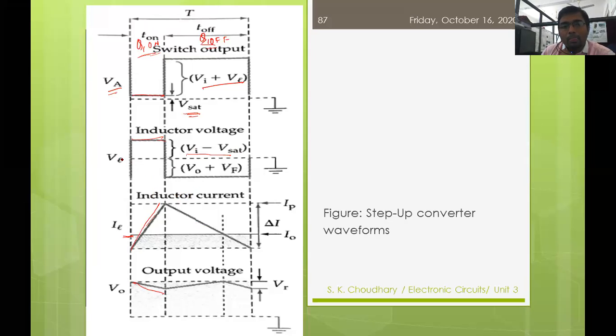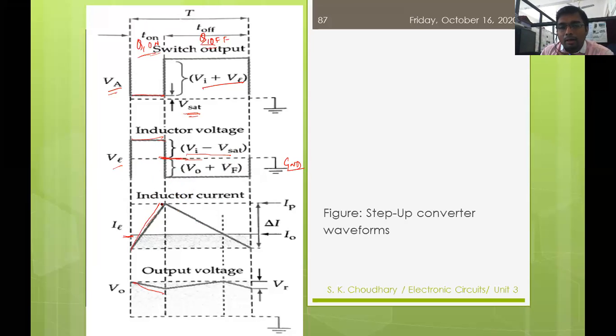Now you can see here VL is decreased and it goes negative because the polarity of the inductor is changed. That's why it is V0 plus Vf, the voltage across the inductor, but negative in polarity. That's why it is shown below the ground signal.